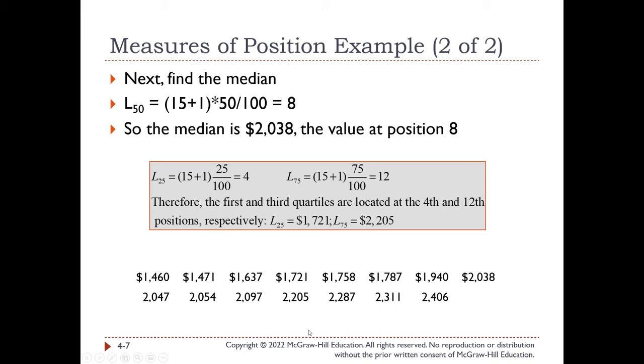So 75 over 100, that would be the 12th. Count to the 12th position, respectively. That's 2,205. So, therefore, the first and third quartiles are located on the 4th and 12th positions. So, basically, all we're doing with positions is figuring out which number falls into that position according to the numbers.